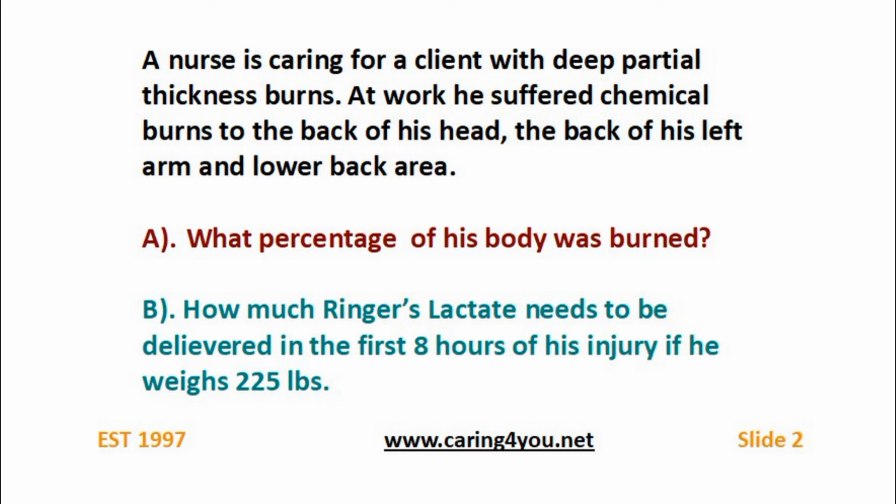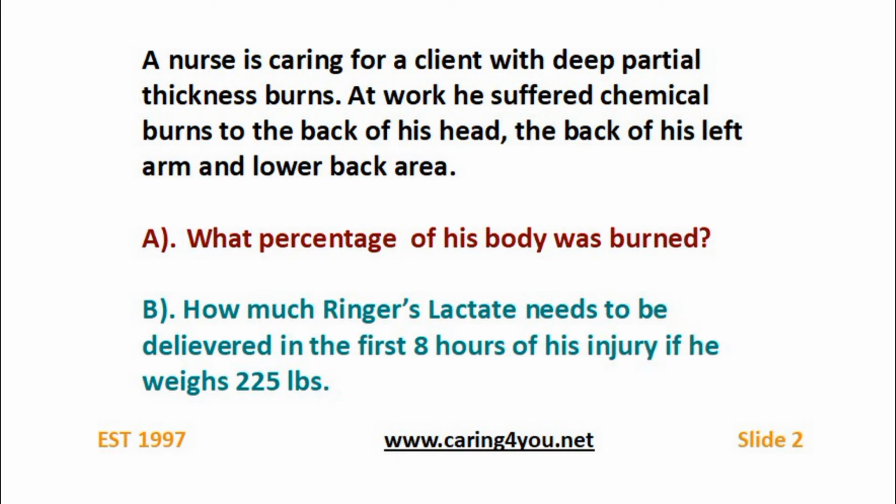So we know that this individual is going to have to go to a special burn center. We know that without even calculating the body surface area of the percentage of the burn, because it said at work he suffered chemical burns. If they suffer chemical burns or electrical burns, they have to go to a special burn center, right? A special wound center, right?